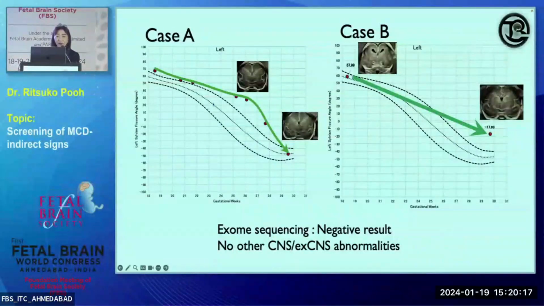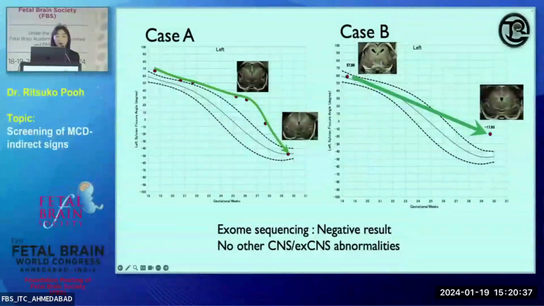Now, case A is like this: it has an abnormal Sylvian fissure angle, but goes back to normal. And the exome sequencing was normal, and there are no other abnormalities, so we are going to follow up this baby.